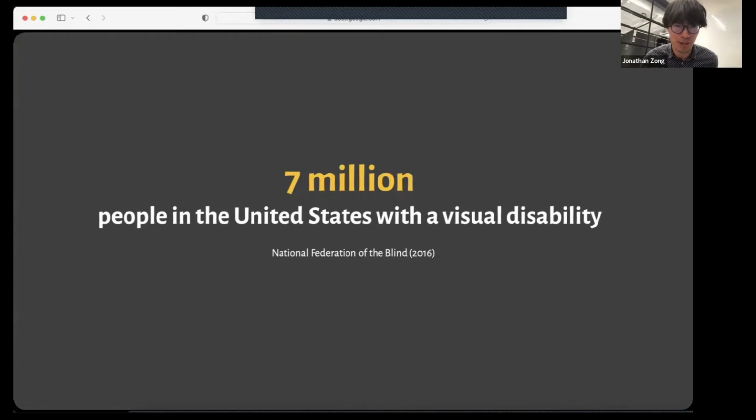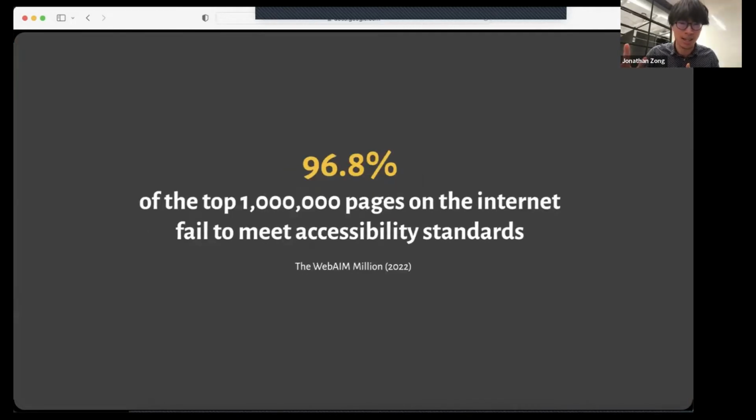You may already be familiar with this statistic, but according to a survey from the National Federation of the Blind, there's upwards of 7 million people in the United States with a visual disability. And despite the prominence of visual disability in the US, when it comes to web accessibility, 96.8% of the top million pages on the internet fail to meet basic accessibility standards for making content usable for people who are using screen reader assistive technology to browse the web.